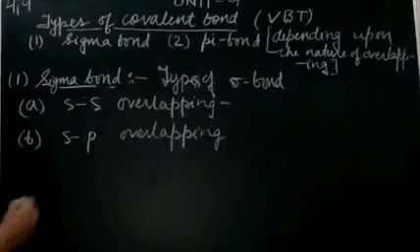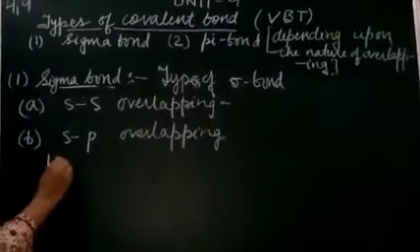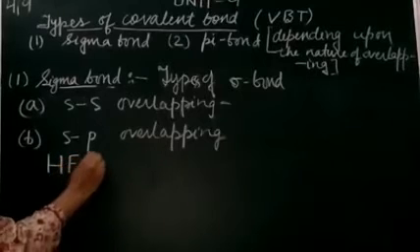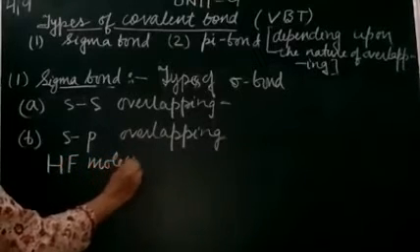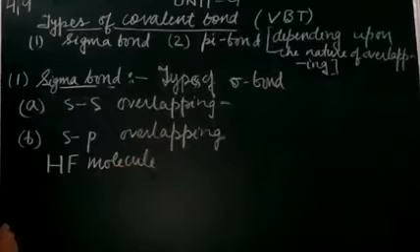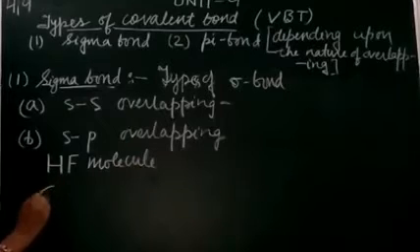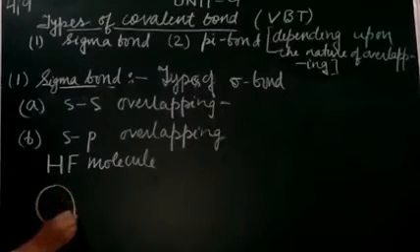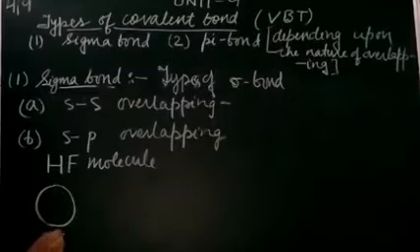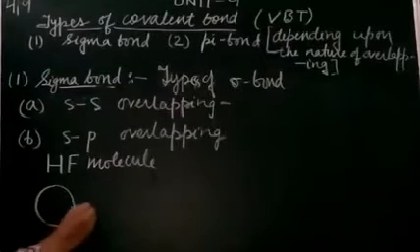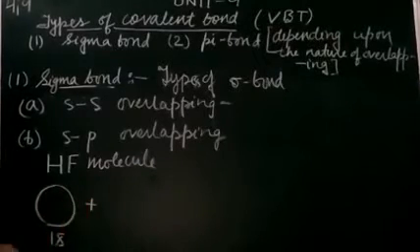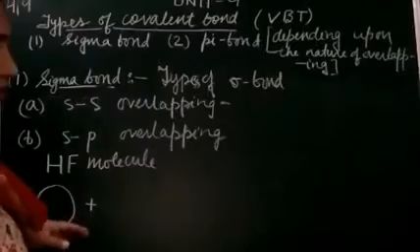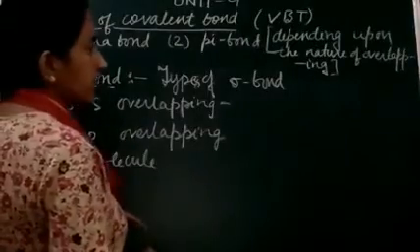Now let us assume the formation of the HF molecule, right. So here we have H, whose outermost or valence shell orbital is 1s, and the fluorine, you know the fluorine atomic number is 9, and you can write down its configuration.